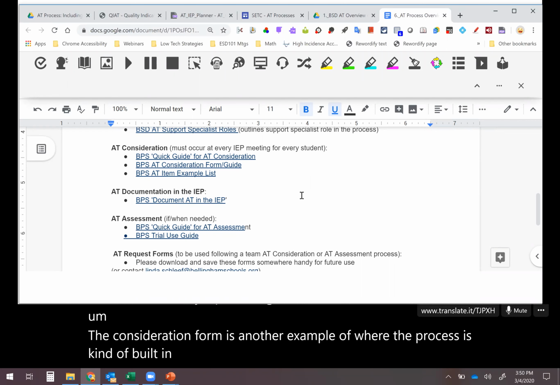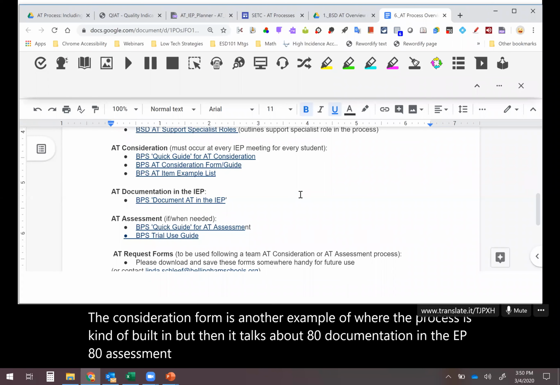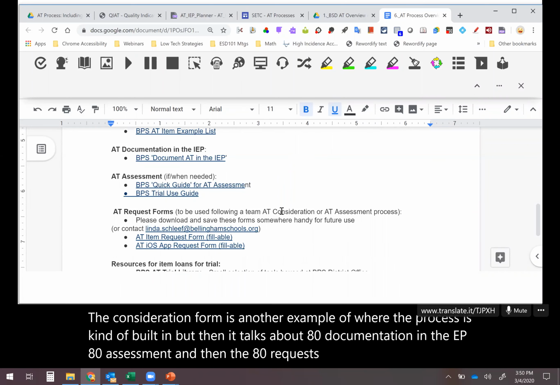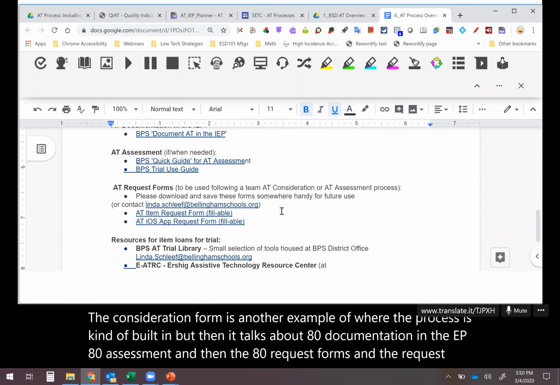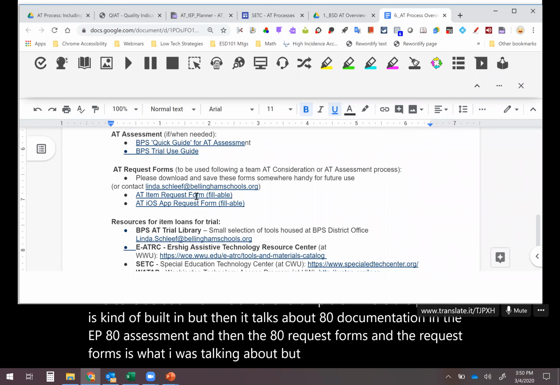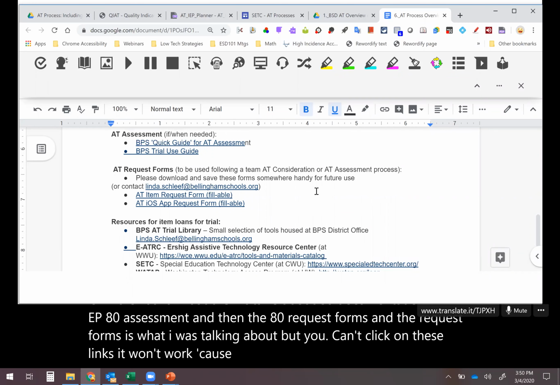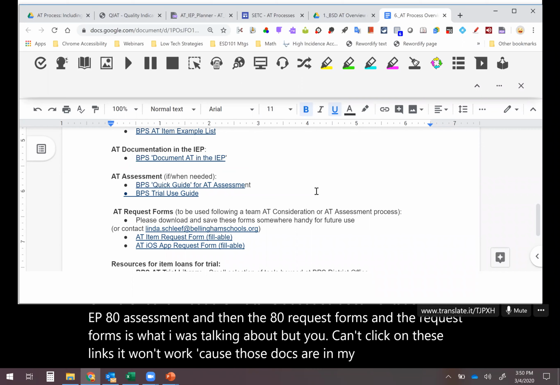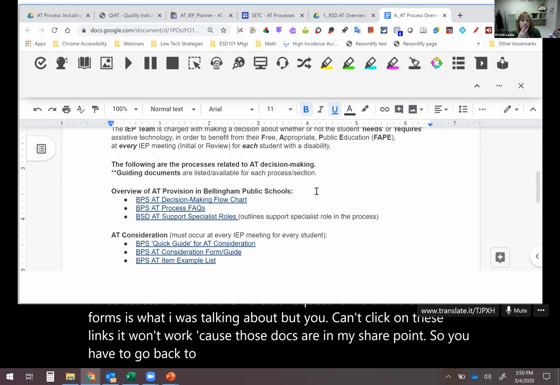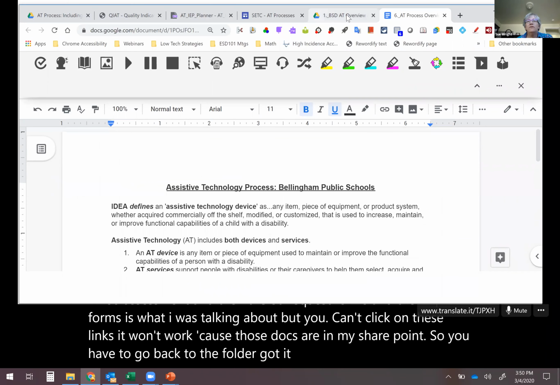Then it talks about AT documentation in the IEP, AT assessment, and then the AT request forms. The request forms are what I was talking about, but you can't click on these links. It won't work because those docs are in my SharePoint. So you have to go back to the folder. Oh, got it. Okay, and that's where they are.